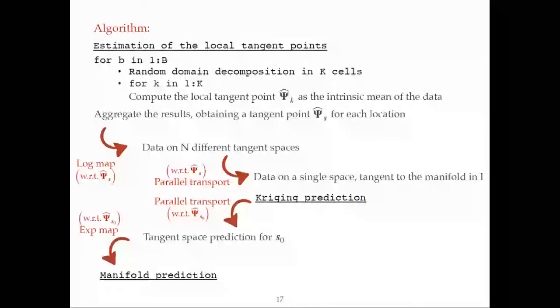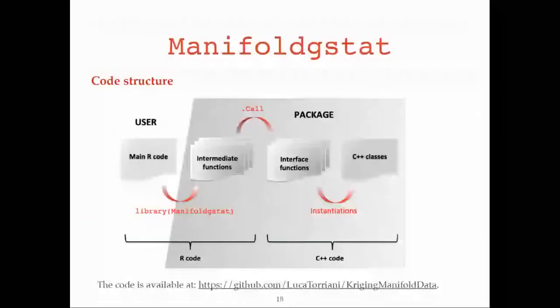So all three methods have been implemented in an R package available on GitHub. Since these approaches are computationally expensive, the core of the algorithms, namely the global model, has been developed in C++ in order to maximize the efficiency.